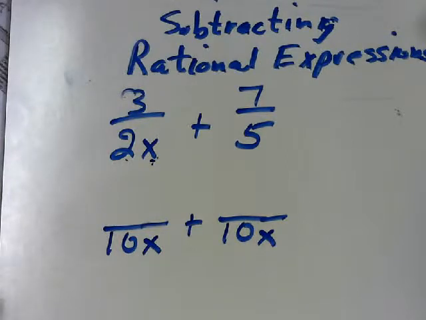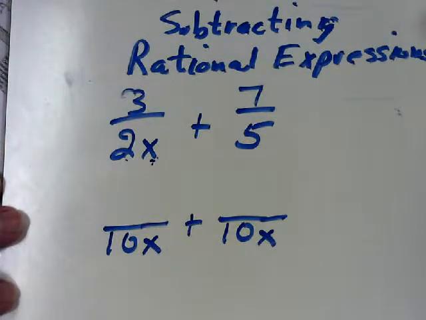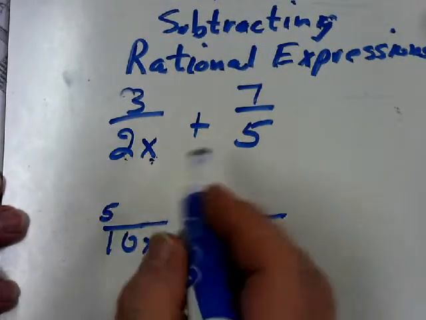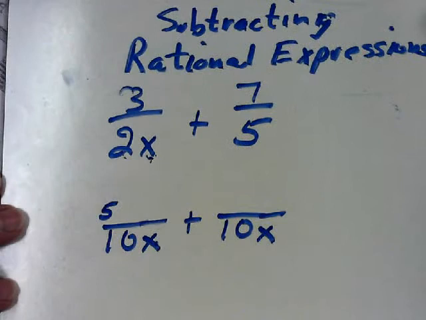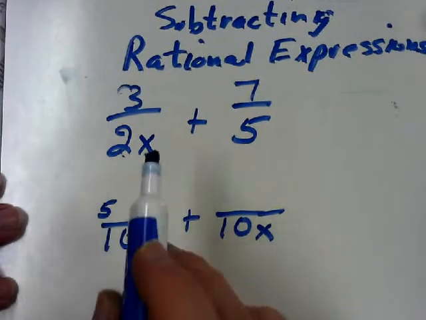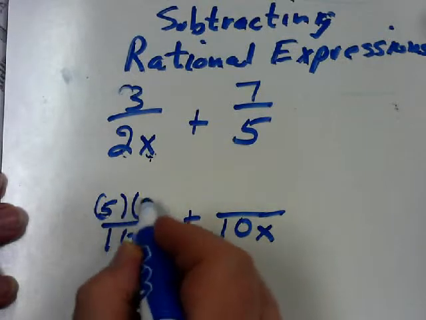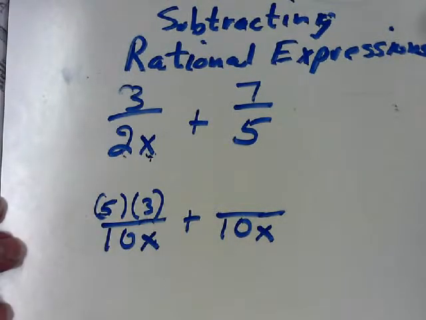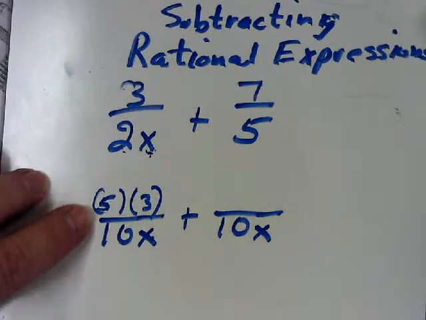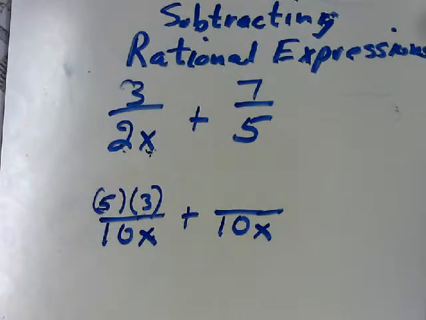What do I have to multiply the 2 by to get to 10? 5. What do I have to multiply the x by to get to x? 1. 1 times x will give me an x, won't it? So I have to take 5 times 3, the multiplier times the original numerator, correct?